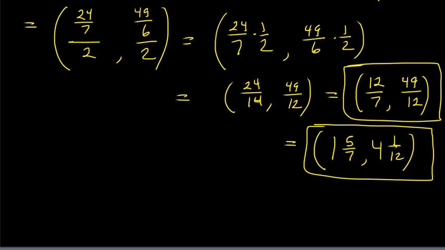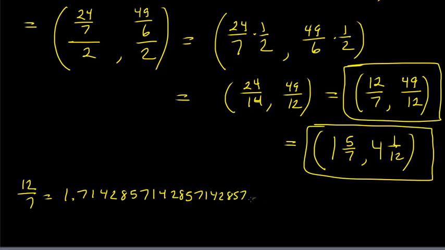In fact, I will tell you right now, if you write 12 over 7 as a decimal, it's equal to 1.714285714285. So this is a repeating decimal. It goes on and on. What's the repeating part, though? That's not really clear, but you can see that the 7 here repeats, and everything after that is the same.